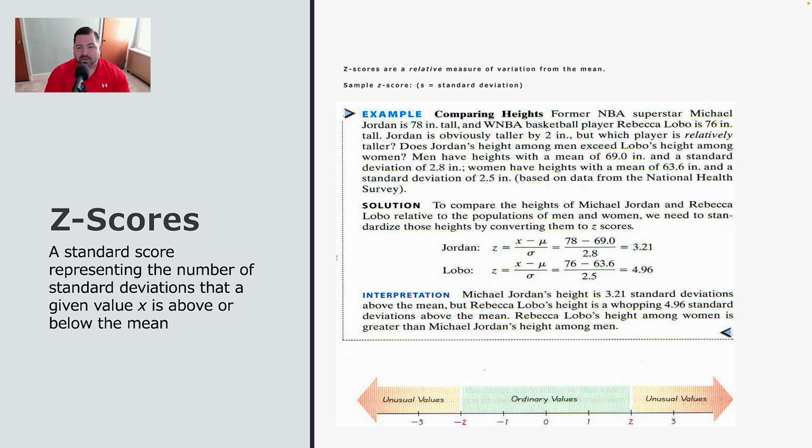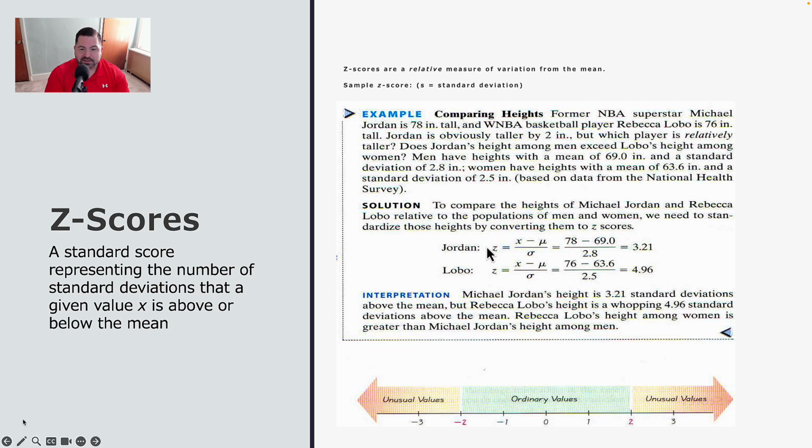Men have heights with a mean of 69 inches and a standard deviation of 2.8 inches. Women have heights with a mean of 63.6 inches and a standard deviation of 2.5 inches, which is based off a national health survey.